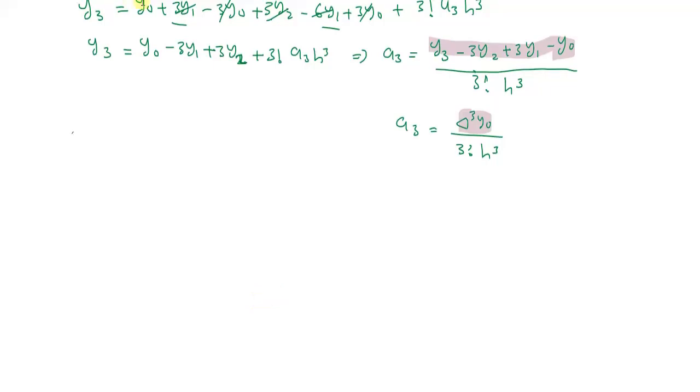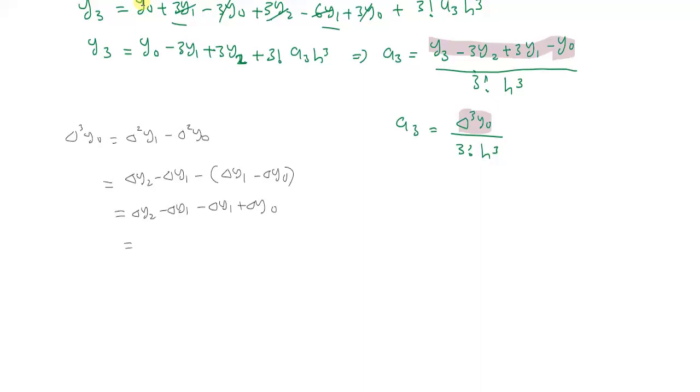Delta cube y0 will be equal to delta square y1 minus delta square y0. Delta square y1 will be equal to delta y2 minus delta y1, and delta square y0 will be equal to delta y1 minus delta y0. So this will be delta y2 minus delta y1 minus delta y1 plus delta y0.